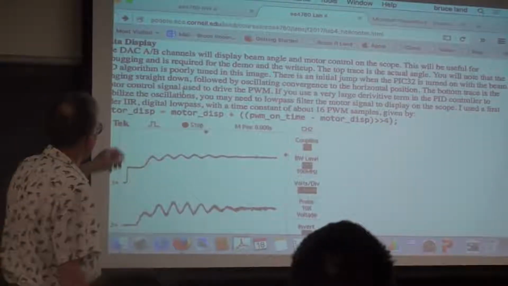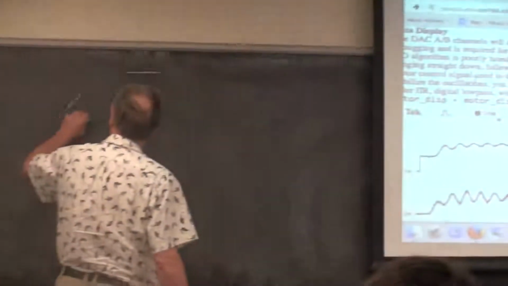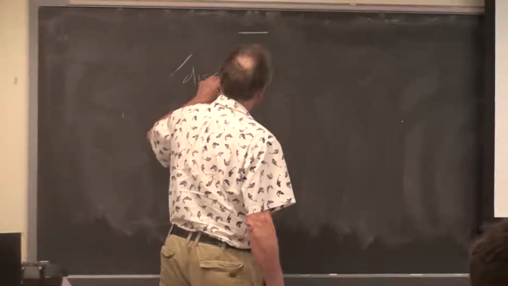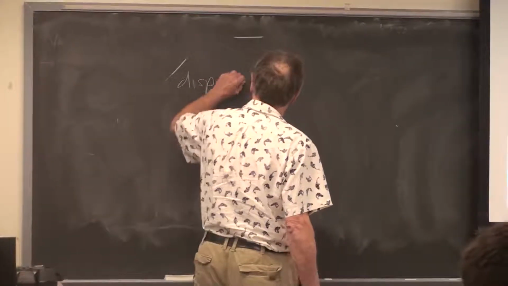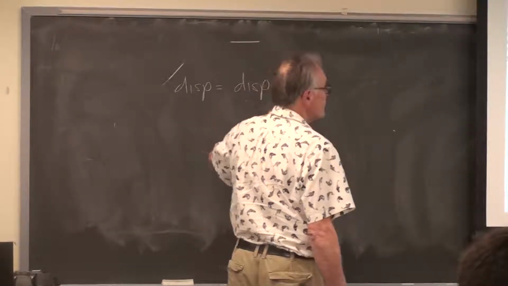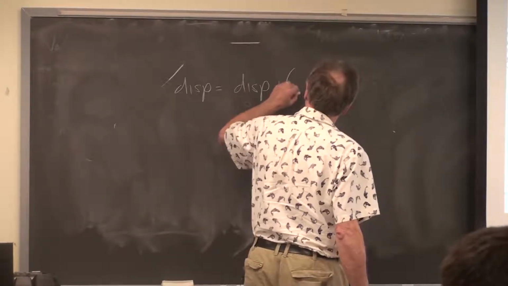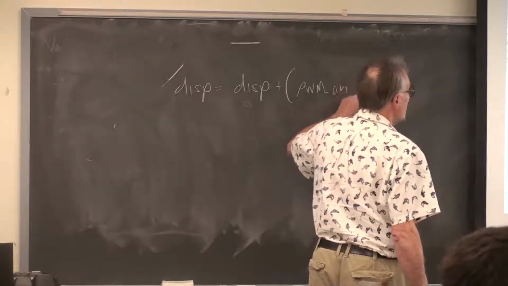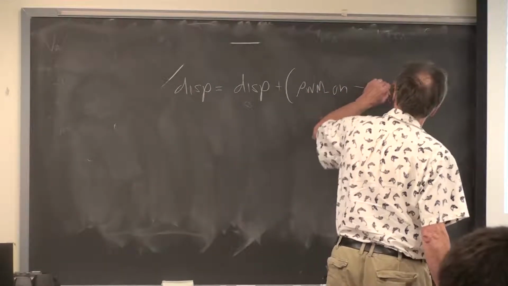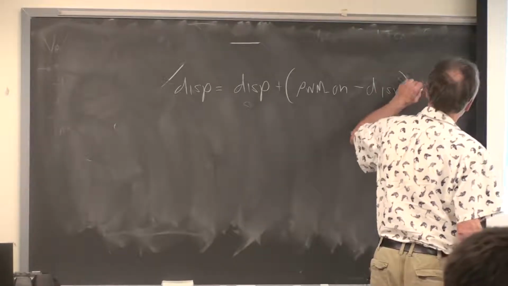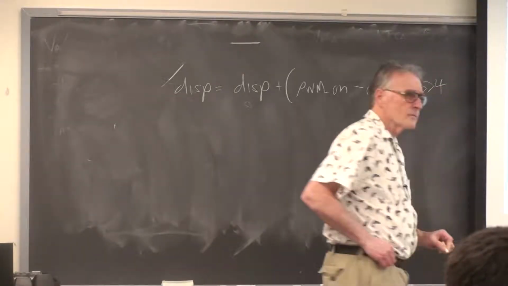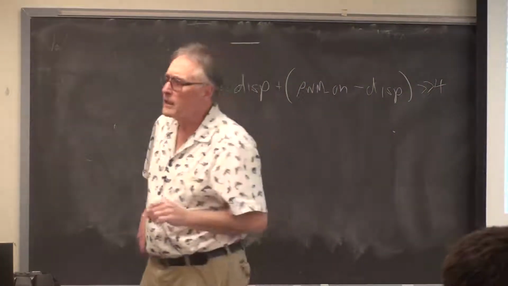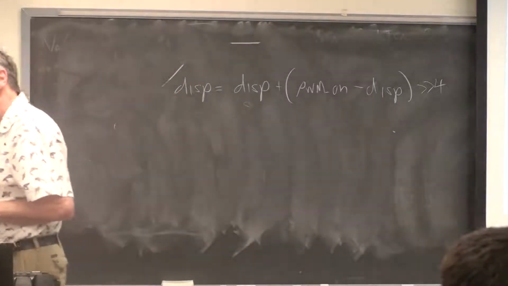And then claim that you can write this filter as display equals display value plus PWM on time minus display value shifted by 4. Do you recognize that as a differential equation?